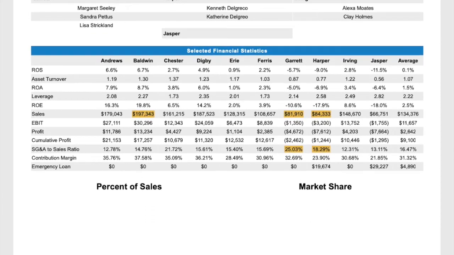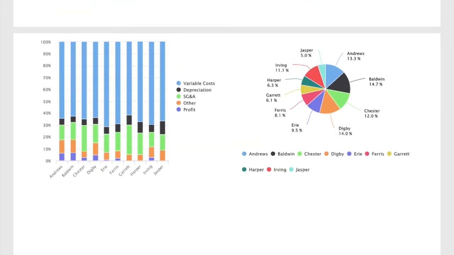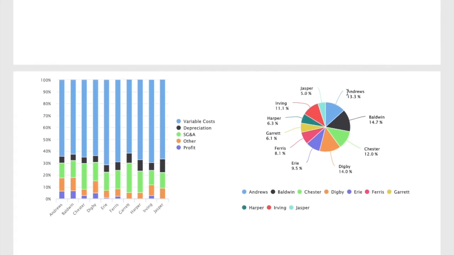Okay, so that's about that. And as I mentioned before, let's see, Team Andrew has pretty good results. Andrew, Baldwin, and Digby all have above 13% of the market share, and Chester is pretty good too so far.